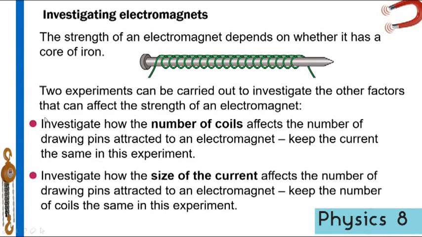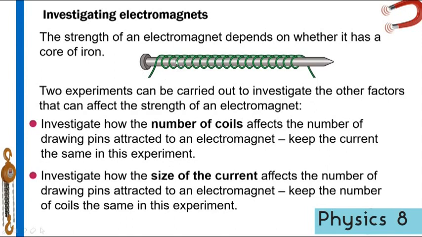So you can carry out two experiments to investigate a number of factors that can affect the strength of an electromagnet. You can investigate how the number of coils affects the number of drawing pins which are attracted to an electromagnet.